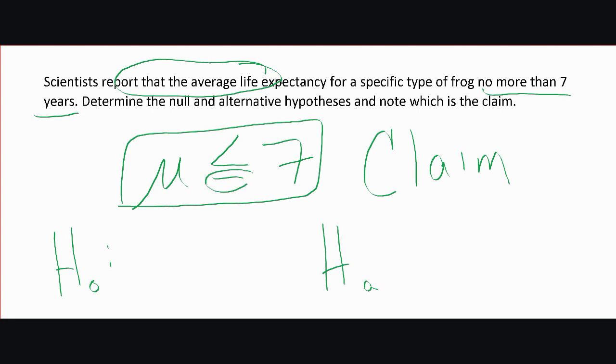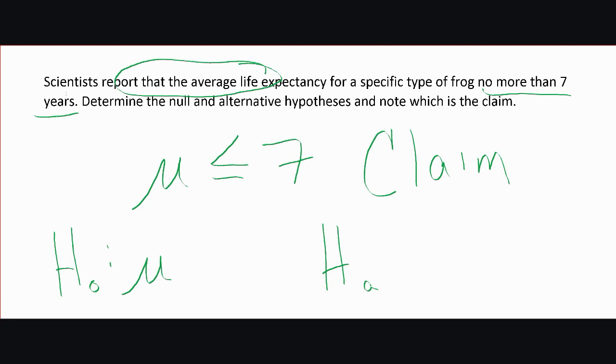Less than or equal to. So we're building the hypotheses with respect to the mean using the numbers that are given to us in the problem. We're making hypotheses about the average. So the null hypothesis would be that the average is less than or equal to 7.